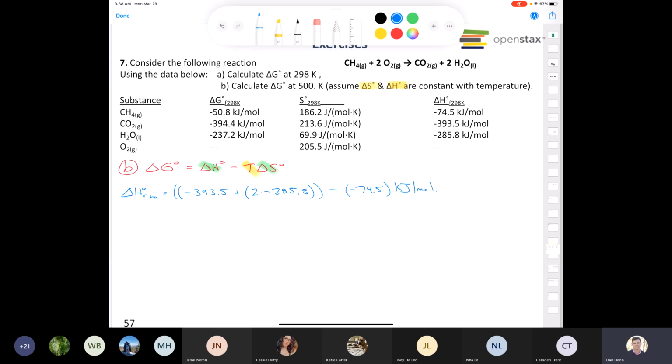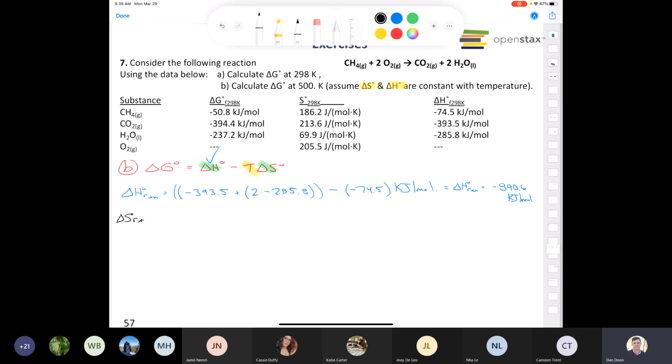So I already went ahead and did all the math on that, and you end up with your delta H of your reaction as being negative 890.6 kilojoules per mole. So there we go. Now we've got our delta H. That is done. Now we need to evaluate delta S.